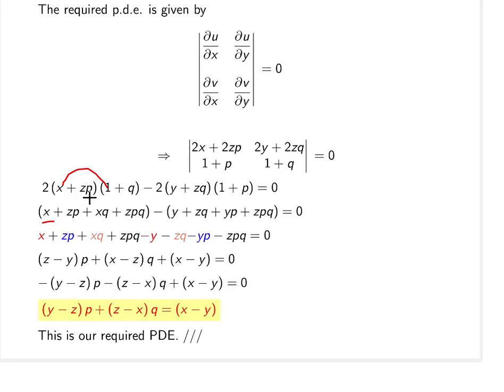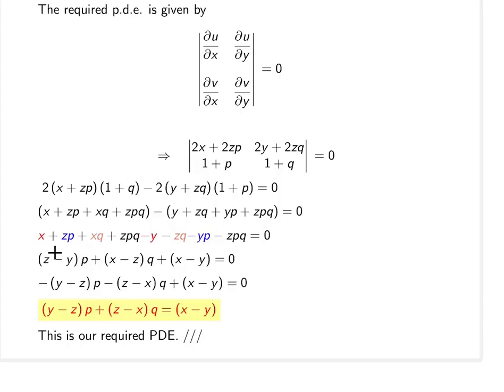Similarly, zp into 1 gives zp. Again, x into q is xq. zp into q is zpq. Again, y with 1 gives y. zq with 1 gives zq. Multiplying y with p gives yp. zq with p gives zpq.